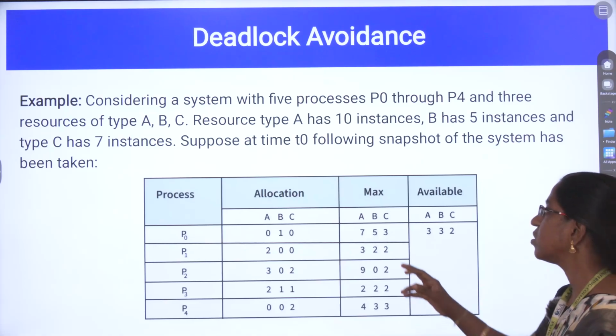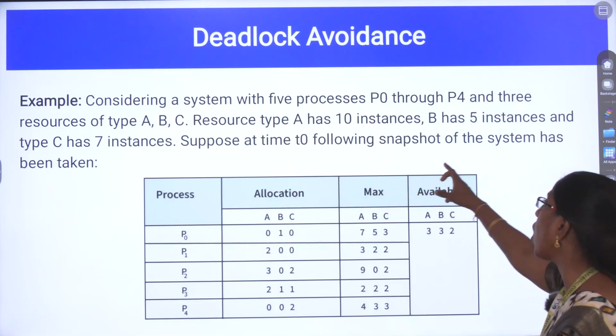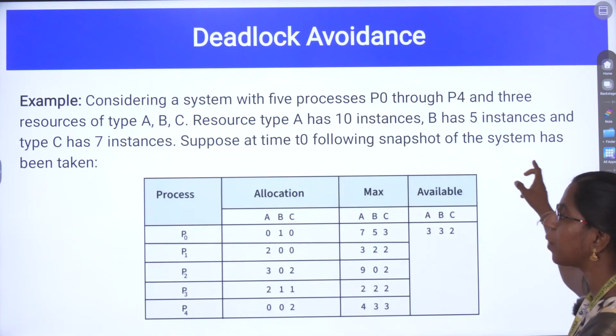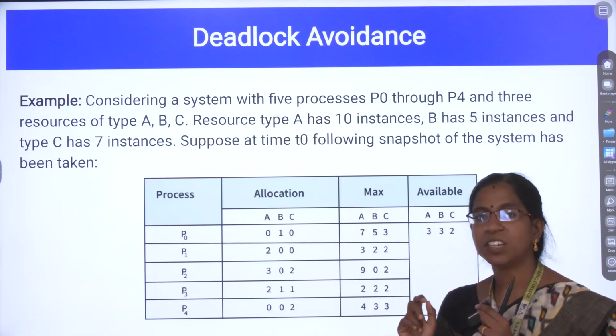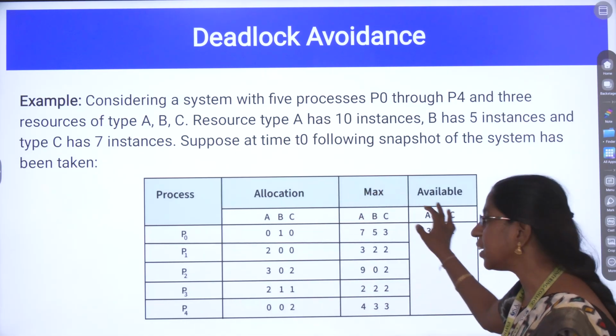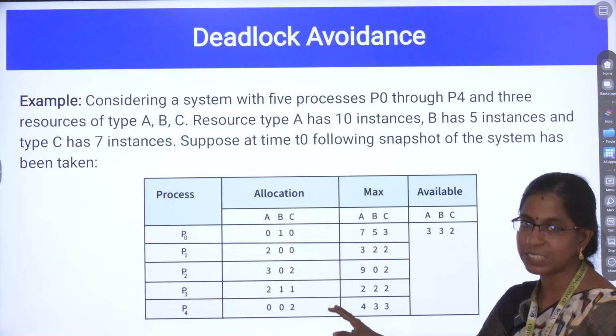Suppose at time T0 the following snapshot of the system has been taken. At time T0 this is the situation of the processes.